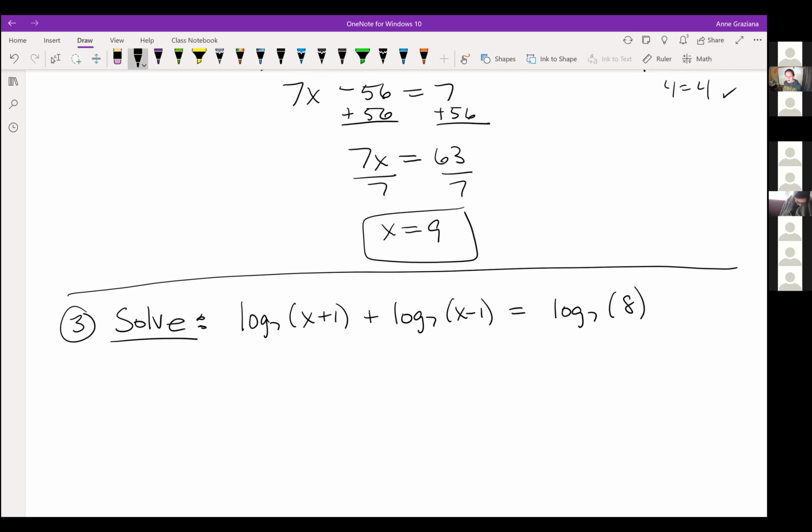Okay, now everything is a log term. That's okay. We still have to follow the same procedure though, get everything on one side of the equal sign. So let's get that log base 7 of 8 to the other side. We're going to subtract it.